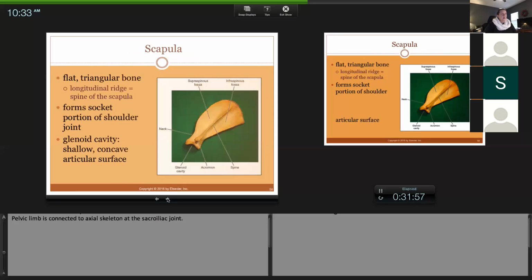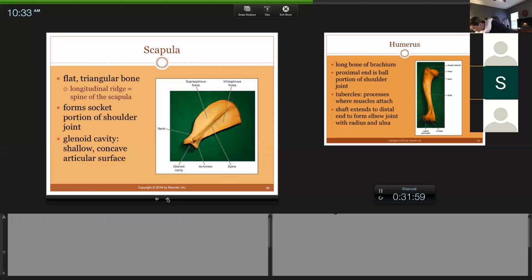So the first bone, where's my scapula? Okay. So on us, this is back here. The point of your humerus would fit right in here, and it forms the shoulder joint.